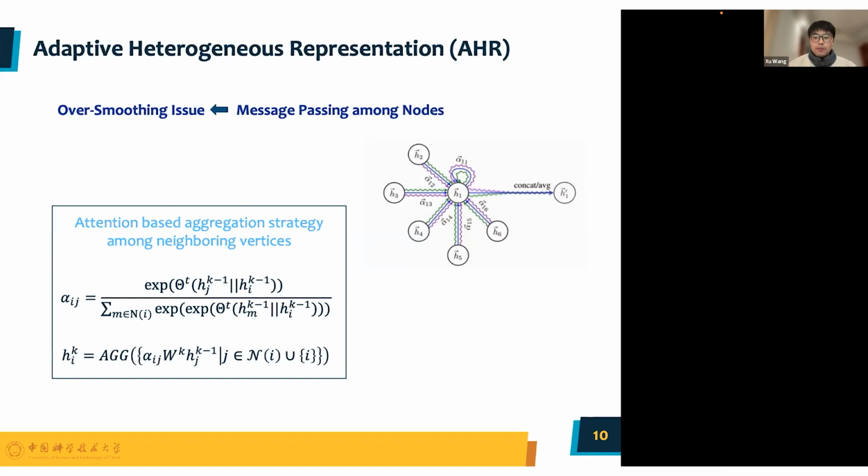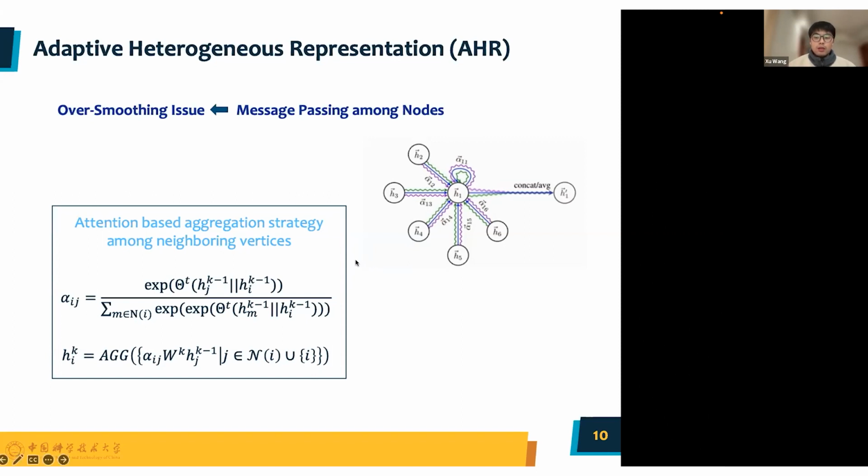The message passing strategy of vanilla graph convolution is aggregating nodes according to certain weights. The weights like A12 in this figure are prefixed, which leads to similar features of nodes when the network goes deeper.